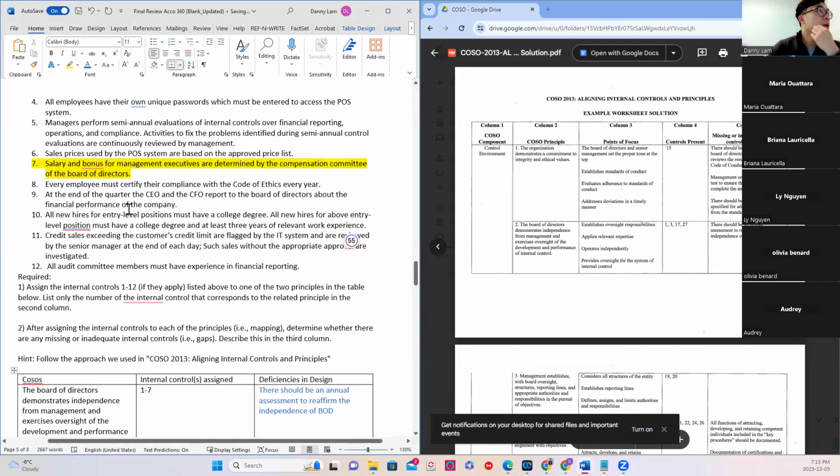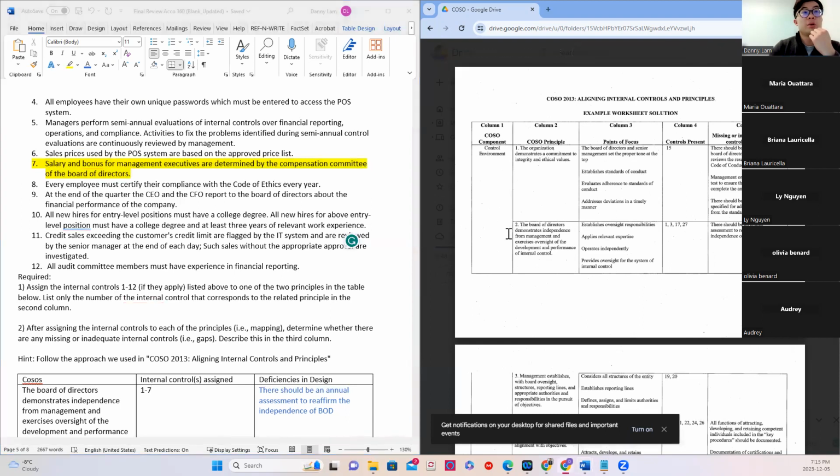Every employee must certify their compliance with the code of ethics every year. Yes or no? Yes. Okay. So Maria, do you think it applies more to number 1 here or number 2 here in the COSO?